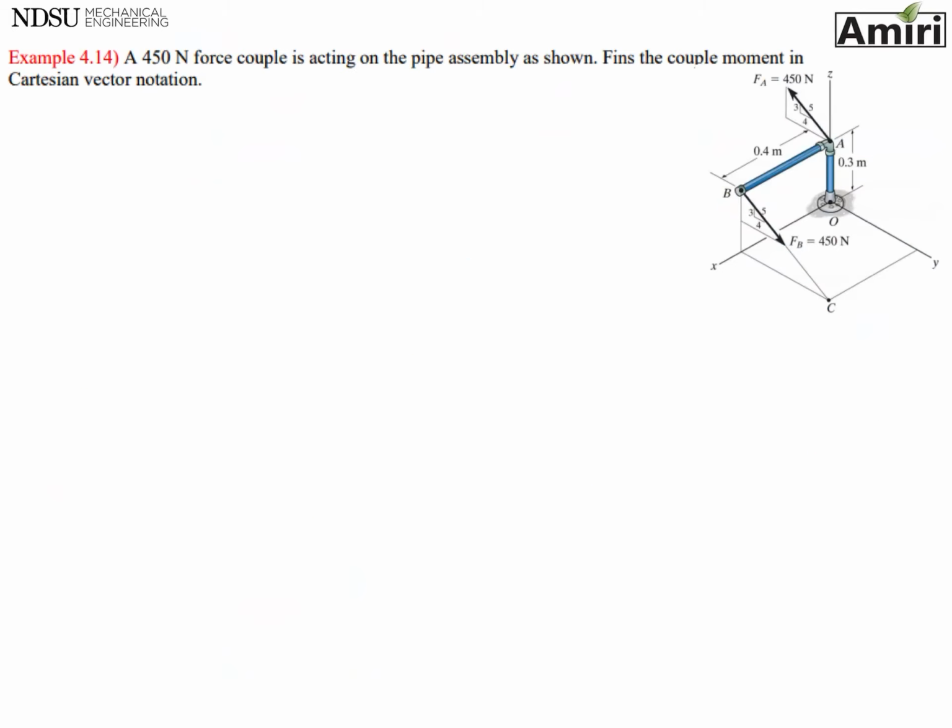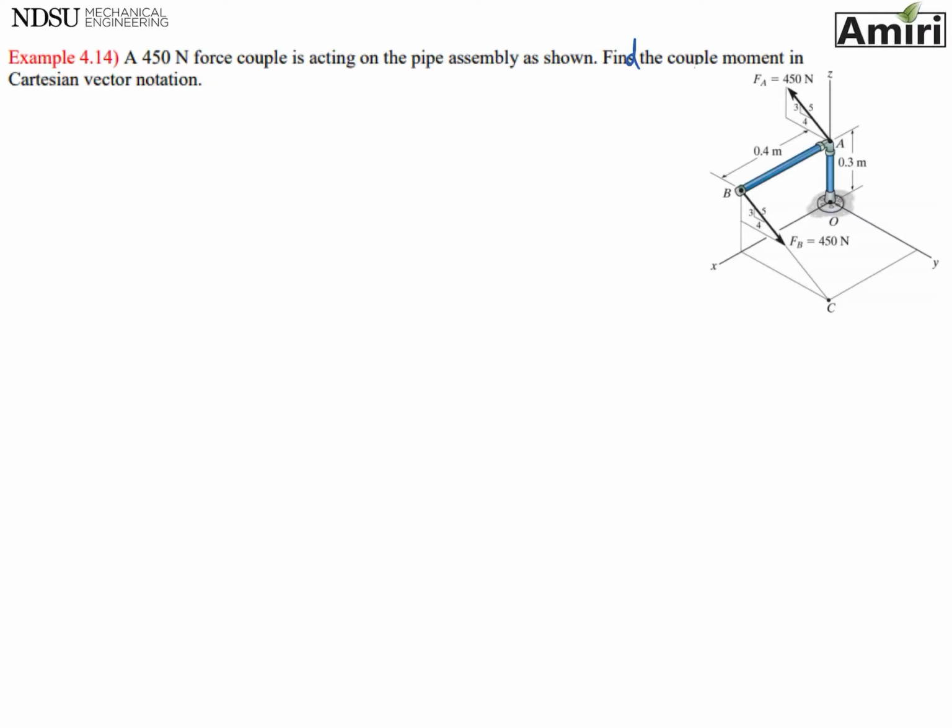Let's look at a 3D one that has x, y, z, and it happens in the Cartesian coordinates. So it has ijk's. A 450 Newton force couple is acting on the pipe assembly as shown. Find the couple moment in Cartesian vector notation.